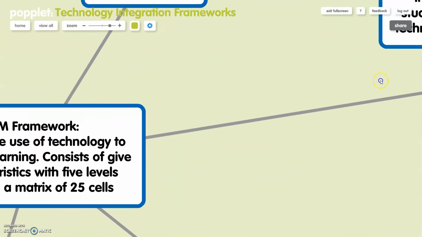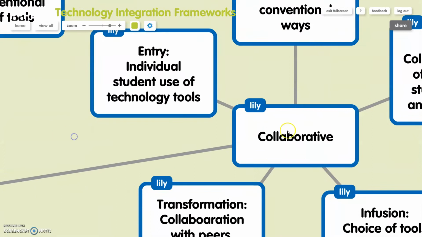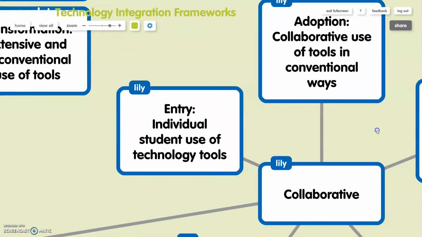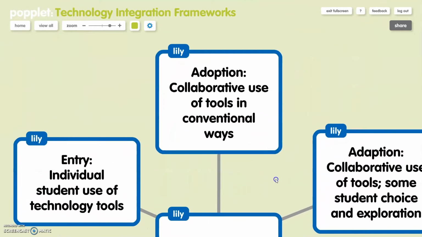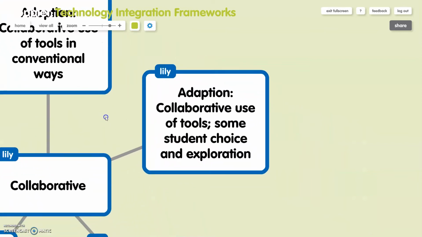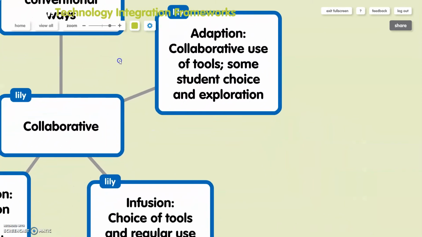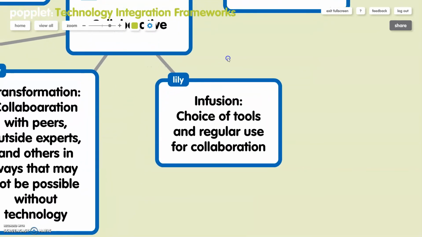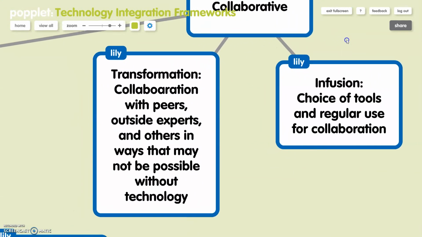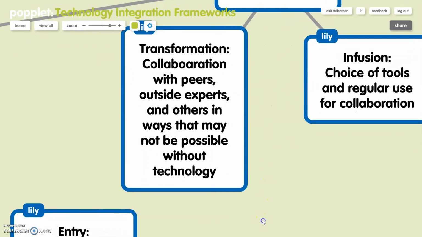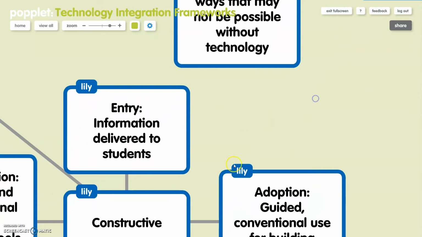And that brings us all over to the next of the 5 characteristics, collaborative, beginning with entry, individual student use of technology tools, to adoption, collaborative use of tools in conventional ways, to adaptation, collaborative use of tools, some student choice and exploration, to infusion, choice of tools in regular use for collaboration, to transformation, collaboration with peers, outside experts, and others in ways that may not be possible without technology.